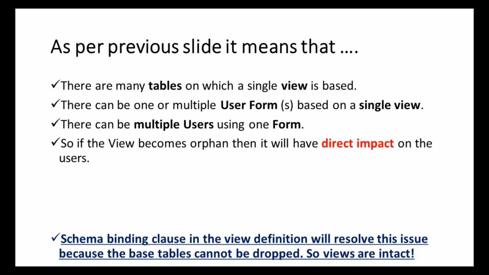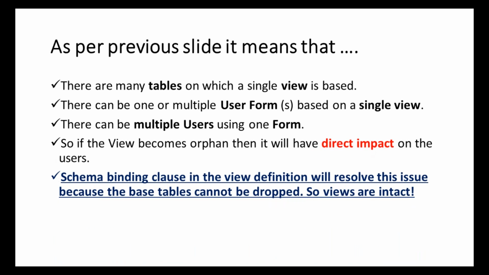So there is a clause called schema binding. In the view's definition, it is used to resolve this issue. Because of this clause, we cannot drop the base table if a view is created on it.